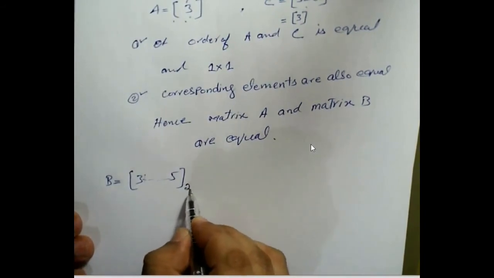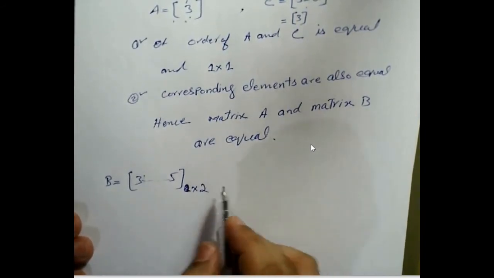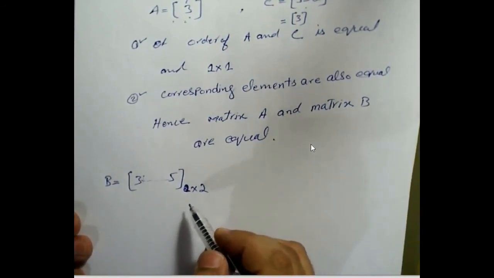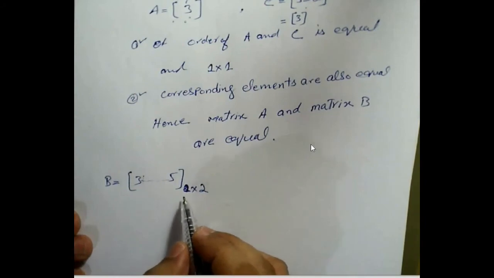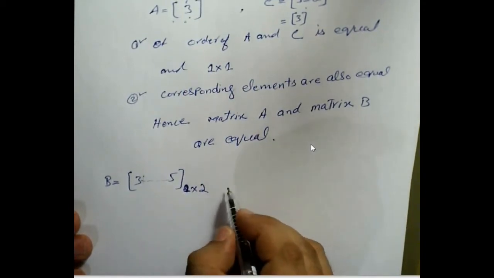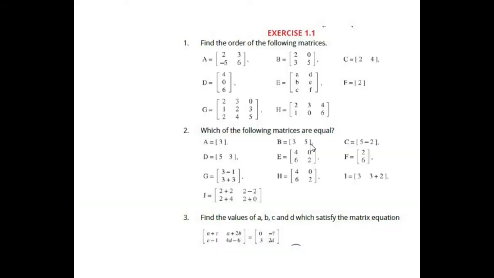So the order of B is 1 by 2. Remember, in order to make it precise or short, we can write the order of a matrix just below the matrix. Now let's talk about the next part, which is D.